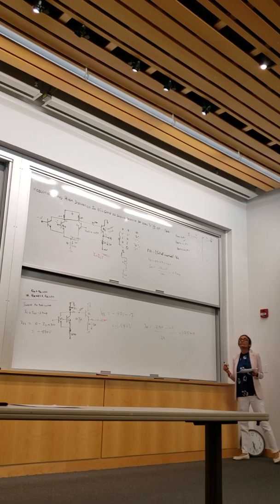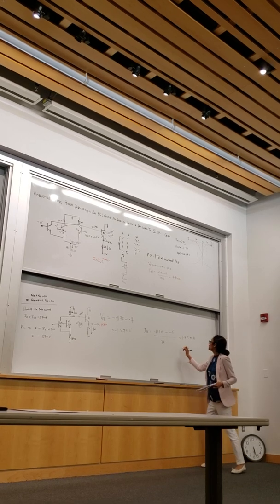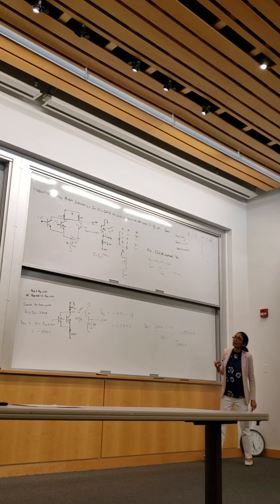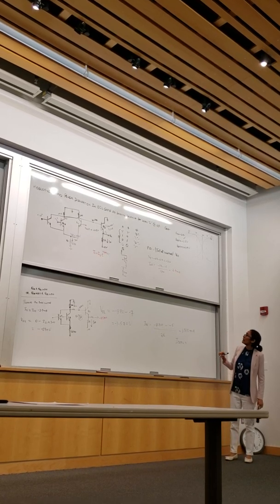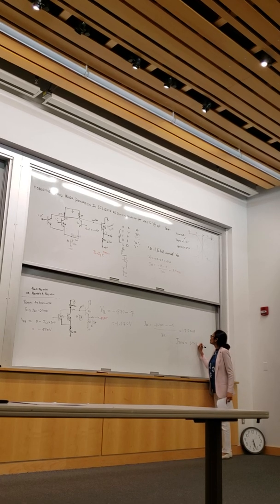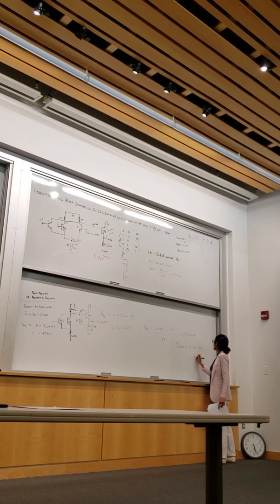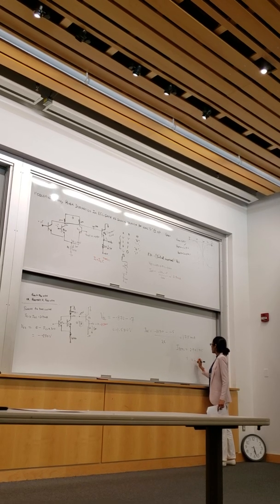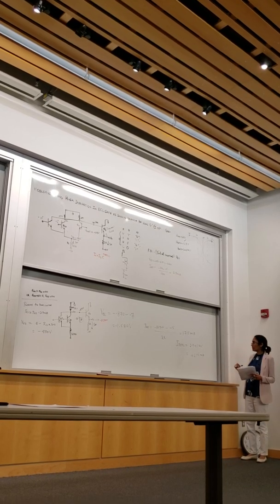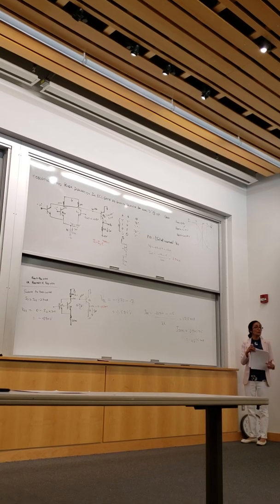Good. Now all we need is I total. What is I total? Sum of these two currents. So that's 2.9 plus 1.715. That's going to be 4.615 milliamps. Now 95% of the problem is solved.